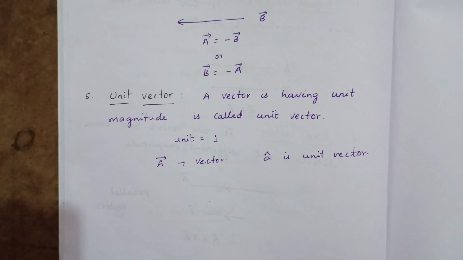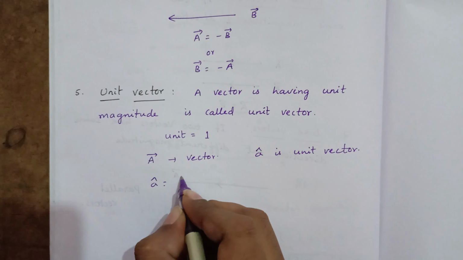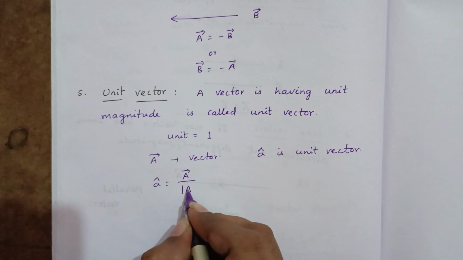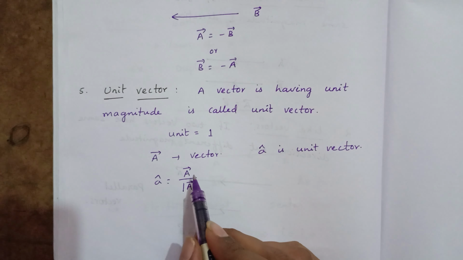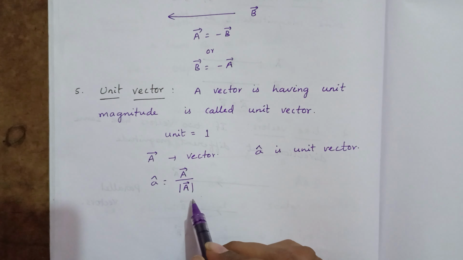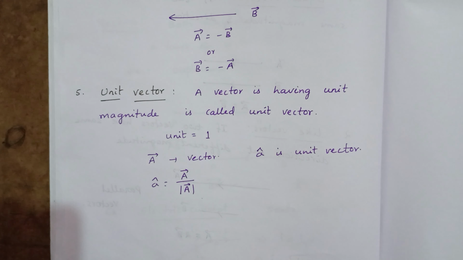Okay, so now we can write A cap, the unit vector, equal to the vector divided by its magnitude. This vector has both direction and magnitude. Here only the magnitude cancels, giving 1, and the direction equals the unit vector.